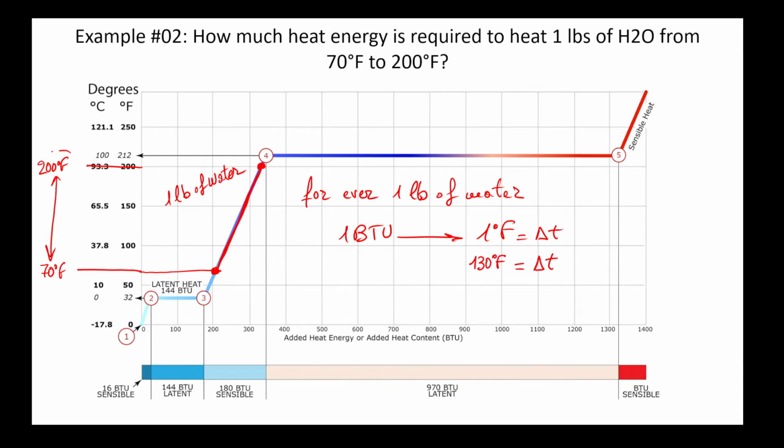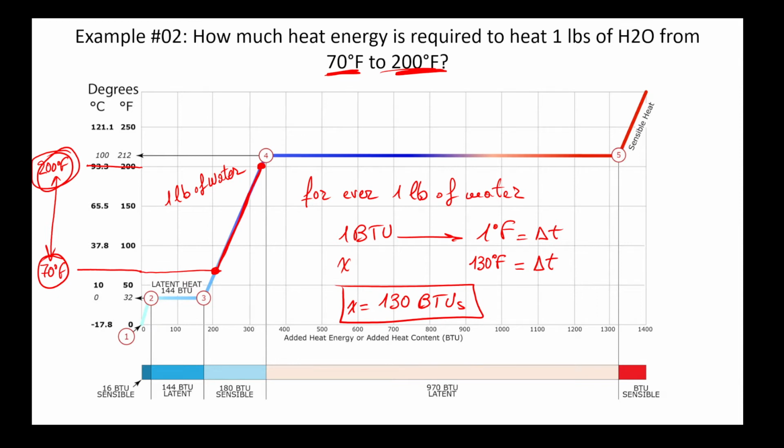And that's the difference between 200 and 70 degrees. Those are the starting and ending point of this process. How many BTUs do we need? X in this case is equal to 130 BTUs. That's exactly how much heat energy you need to heat 1 pound of H2O from 70 degrees Fahrenheit to 200 degrees Fahrenheit.